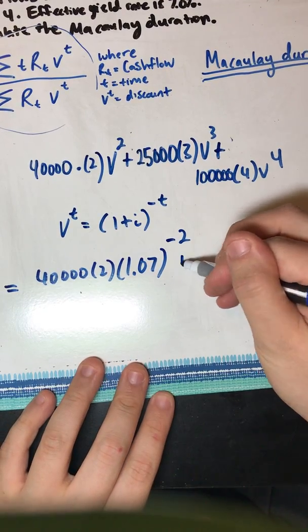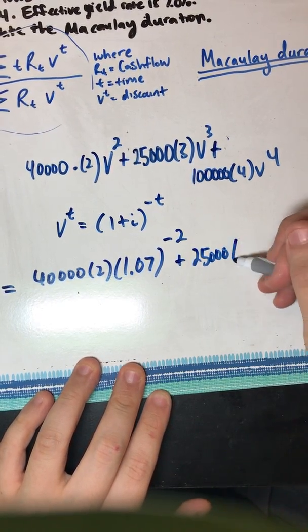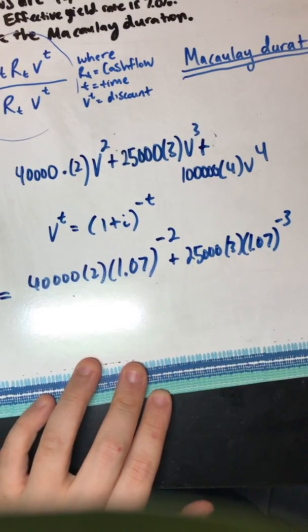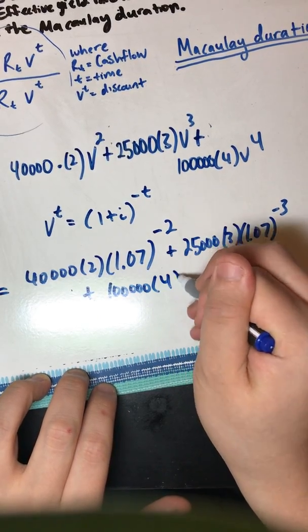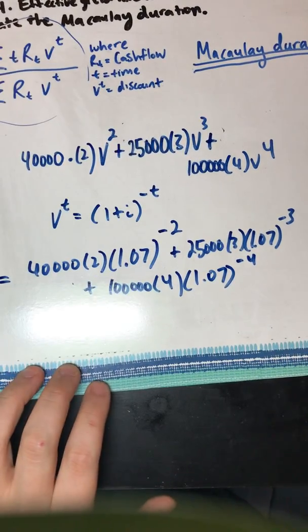And then we do that for the rest: 25,000 times 3 times 1.07 to the negative 3, plus 100,000 times 4 times 1.07 to the negative 4.